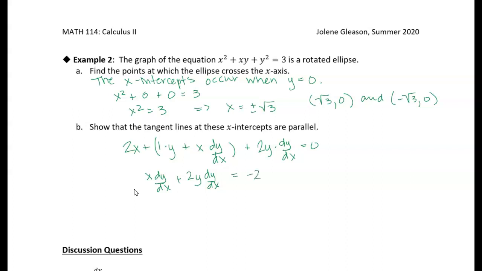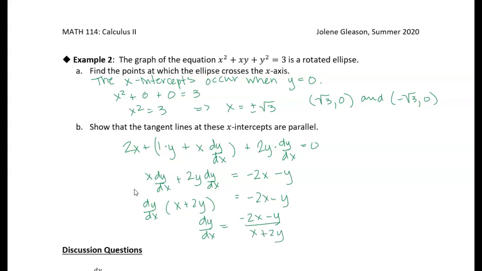So we're going to get minus 2x minus y. Okay, and then we can factor the dy dx out. So we're going to get dy dx times x plus 2y equals minus 2x minus y. And then finally, we'll just divide both sides by x plus 2y. So we get dy dx is equal to minus 2x minus y over x plus 2y.